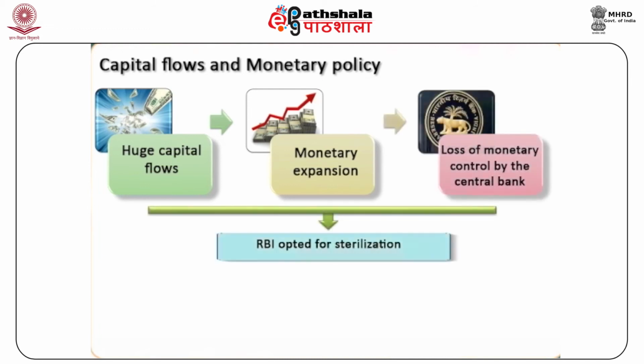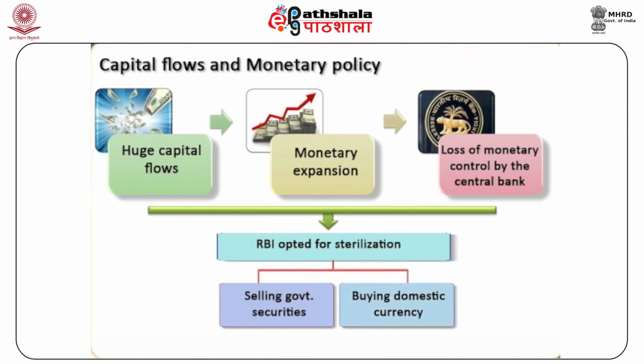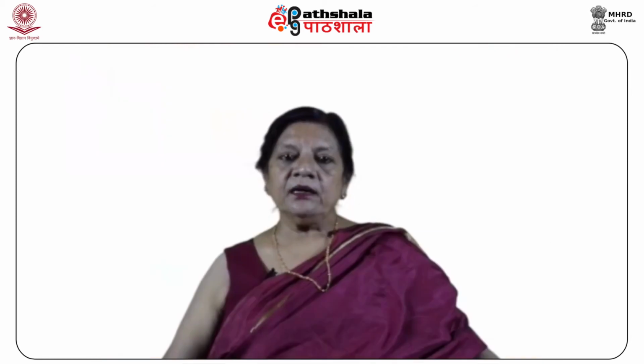The RBI took recourse to sterilization to offset the impact of monetary expansion. This essentially means selling government securities through open market operations and buying domestic currency so as to reduce domestic money supply.